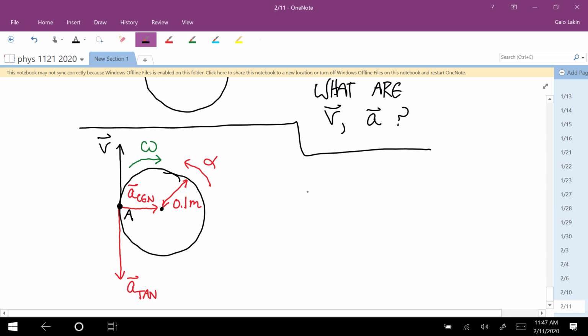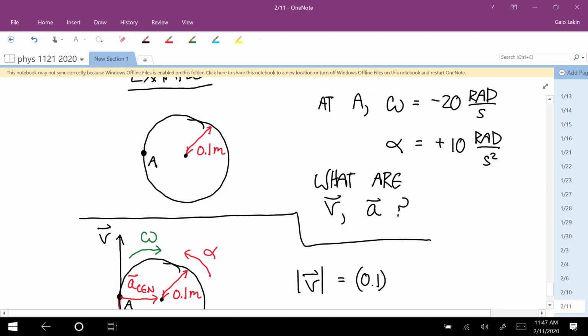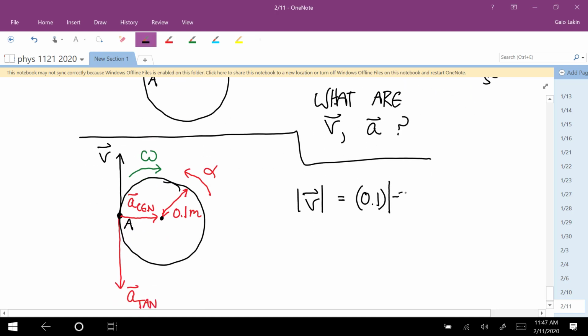The magnitude of the velocity vector is the radius times the absolute value of negative 20. So that's 2.0 meters per second. And so combine that with the direction that we figured out. I didn't draw a coordinate system yet, but let's just use the one we're used to. We know that v is in the positive y direction.